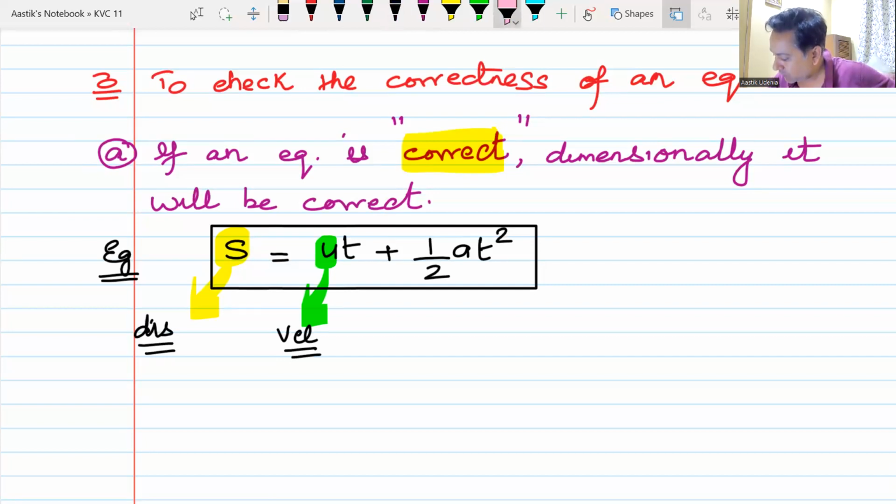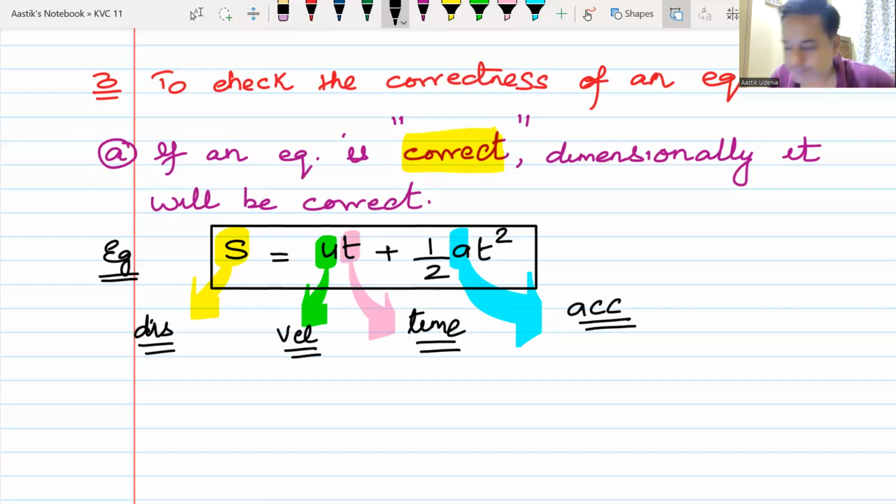What about T? Time. T is time. We all know this. And the last gentleman, A. What about A? Acceleration. A is acceleration. Now we all know that this is a correct equation.